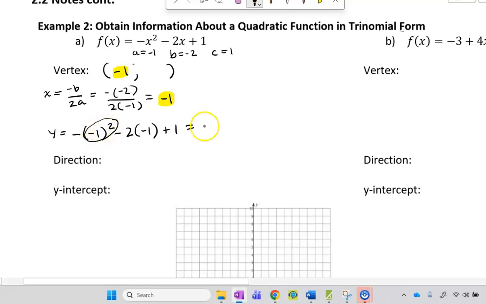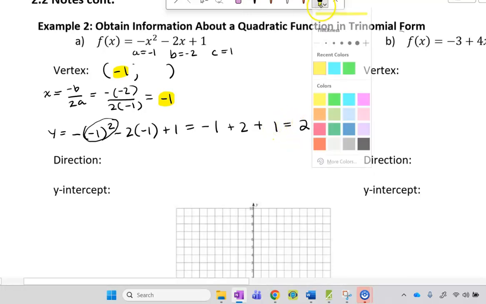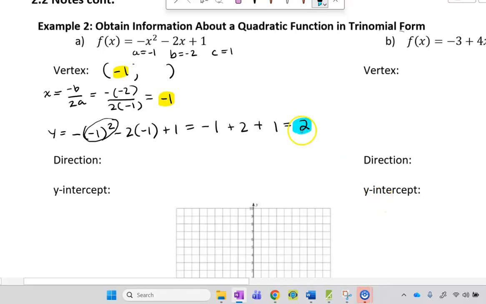So you have to do the exponent first. We get negative, and then -1 squared is 1. Then I have a negative times a negative, which is +2 plus 1. This ends up being 2 for my y value. And that is a tricky one because of those negative signs.